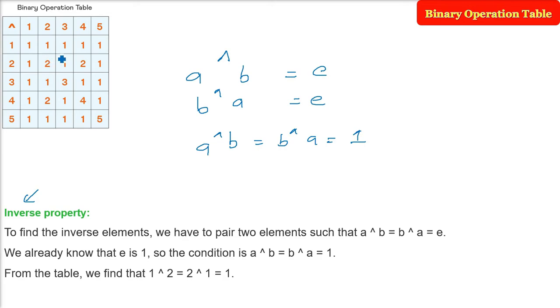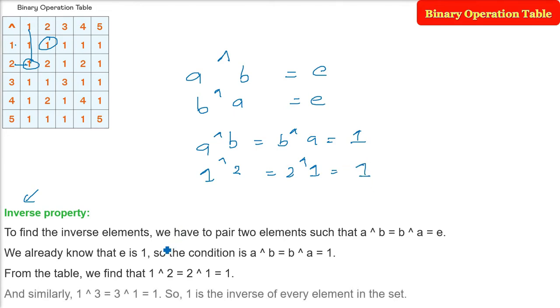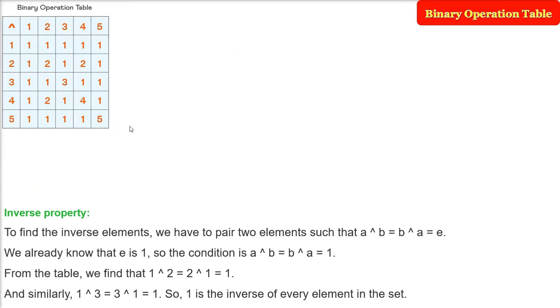So 1 cap 2, 2 cap 1. 1 cap 2 is what? 1. And 2 cap 1 is also 1. You see from the table, 1 cap 2 and 2 cap 1, they both are 1. That means 1 and 2 are the inverse of each other. You can also do 1 cap 3 and 3 cap 1. You'll also see that this will also give you 1. And you can go on like that to confirm that the inverse property holds, and 1 was the identity and the inverse property holds here.